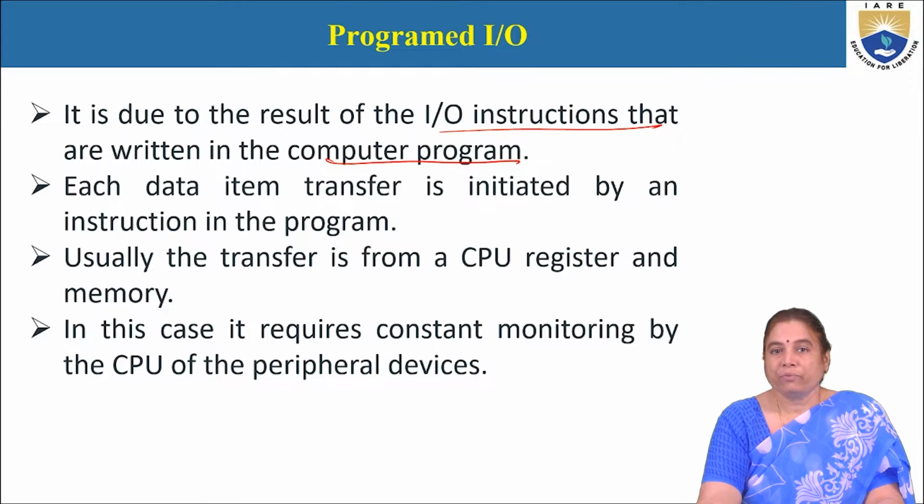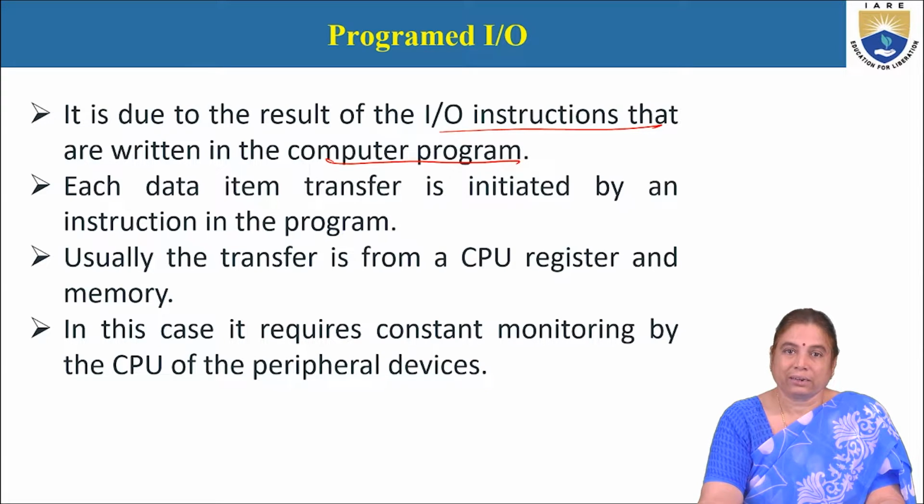For example, in C, the printf and scanf functions can be used for output and input operations respectively. Whenever these input-output functions or instructions are found in the program, the data transfer takes place with their help. Those are referred to as programmed IO.